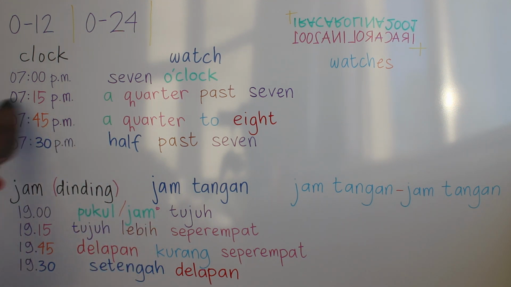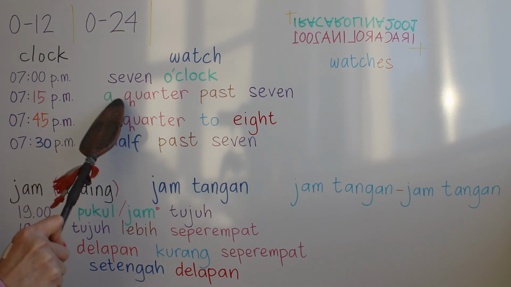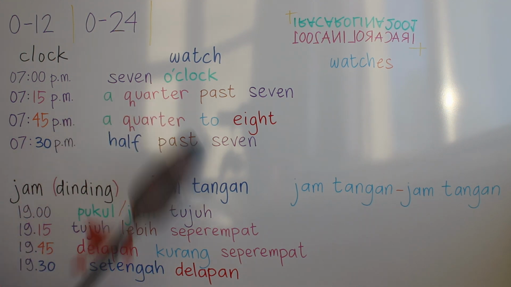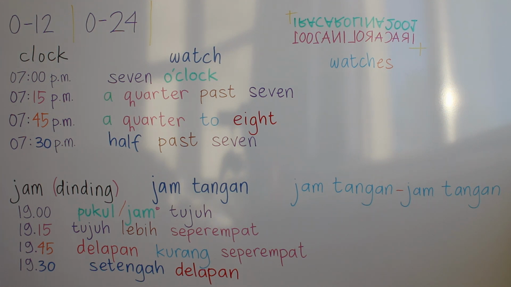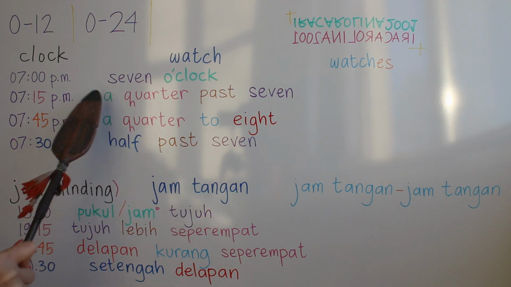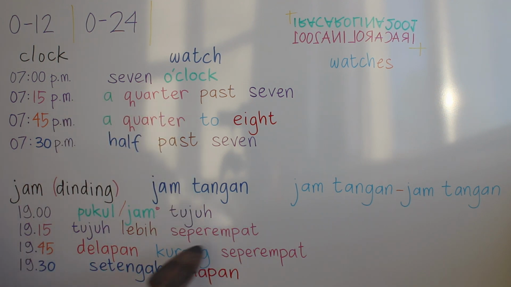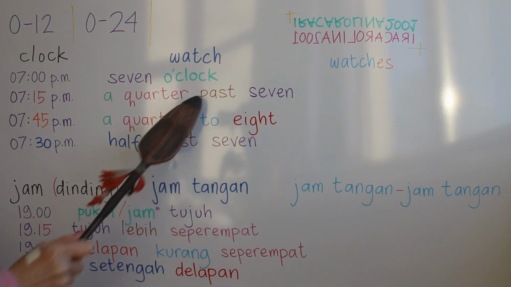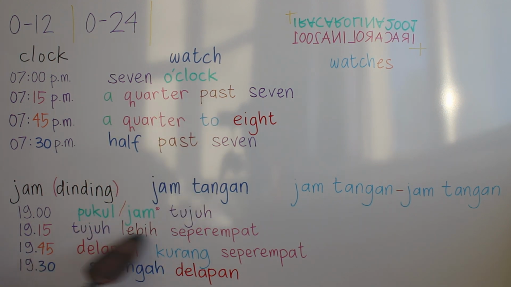Now 7:15 p.m. we write it with 19, then a dot, and then 15. Again, in English we say a quarter past 7, but in Indonesia we say 7, and then the quarter after. Past is lebih.